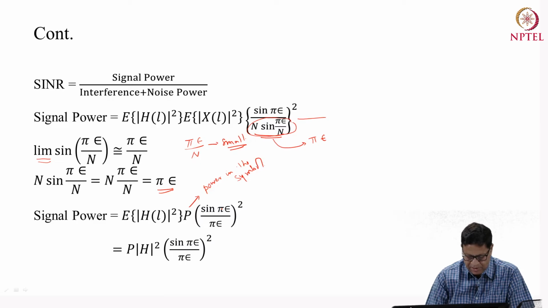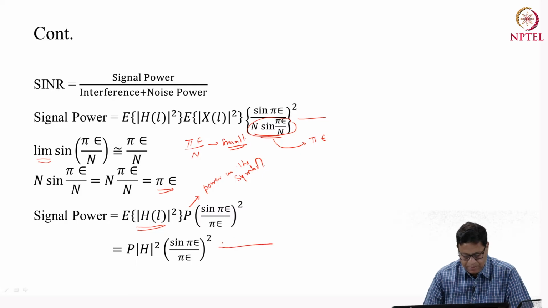If I take the average value of the channel coefficient as H, then I get signal power as P, the power in the symbol, into the average value of the channel coefficient, into sine pi epsilon divided by pi epsilon whole squared. So this is the signal power we have got.